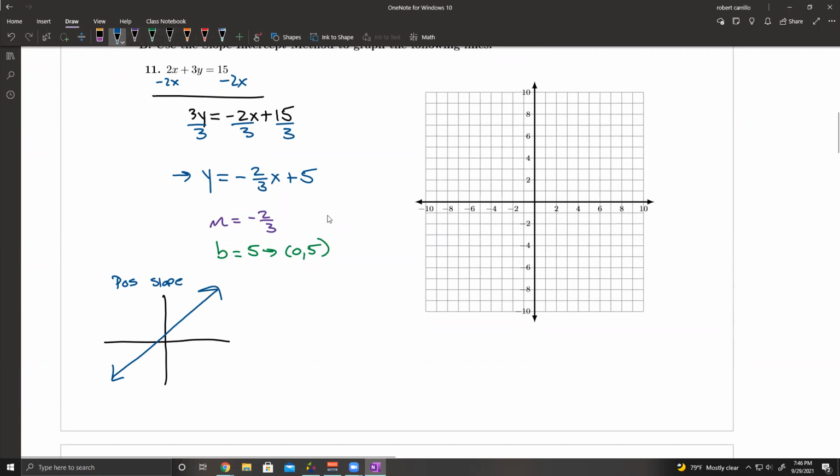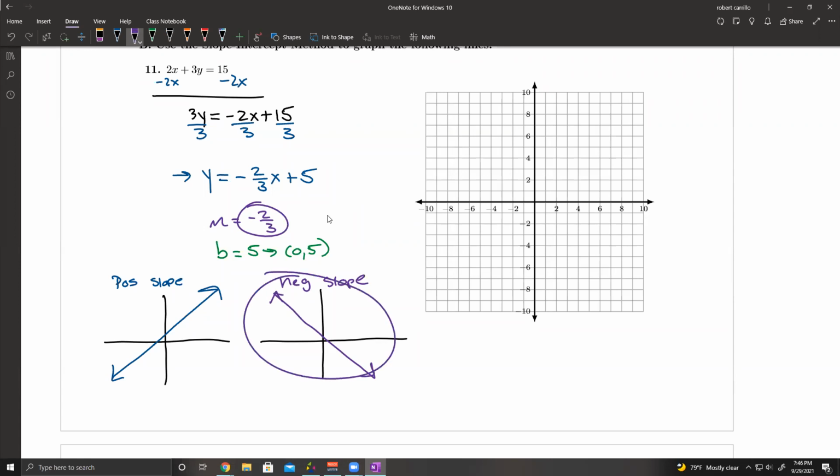If you have negative slope, your graph will look like this. It will always go top left to bottom right. So when we use the slope-intercept method, if it's negative, our graph is going to look something like this.